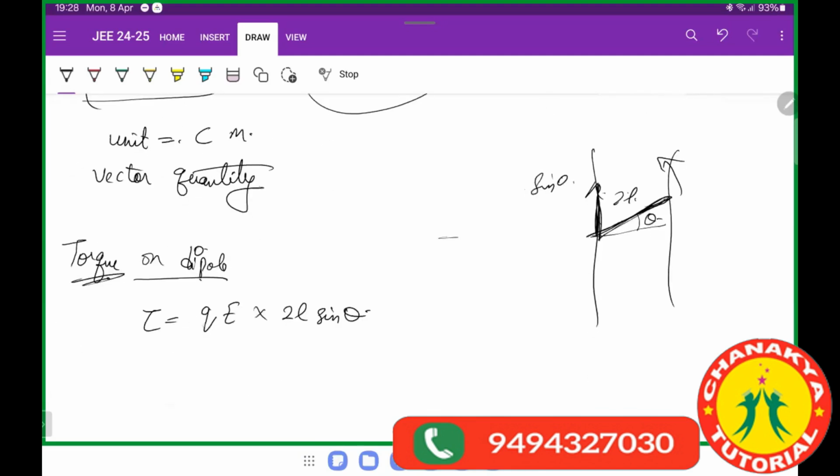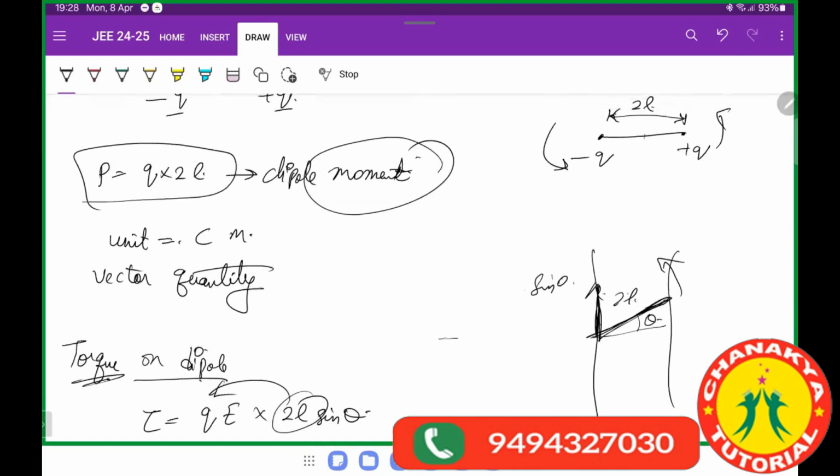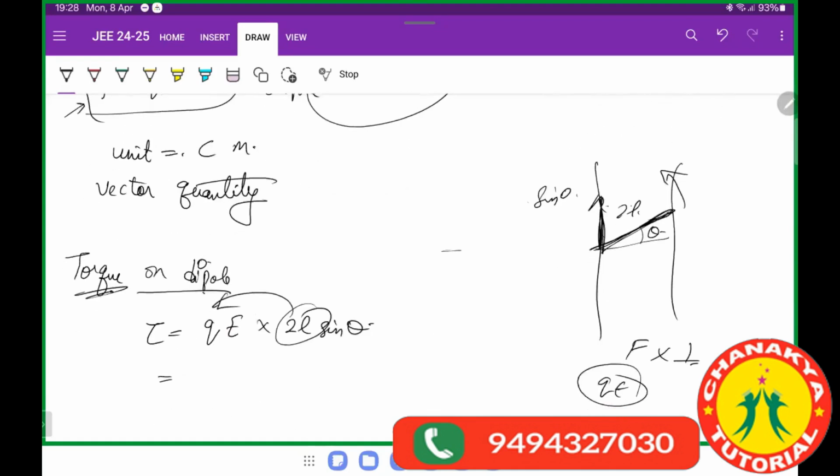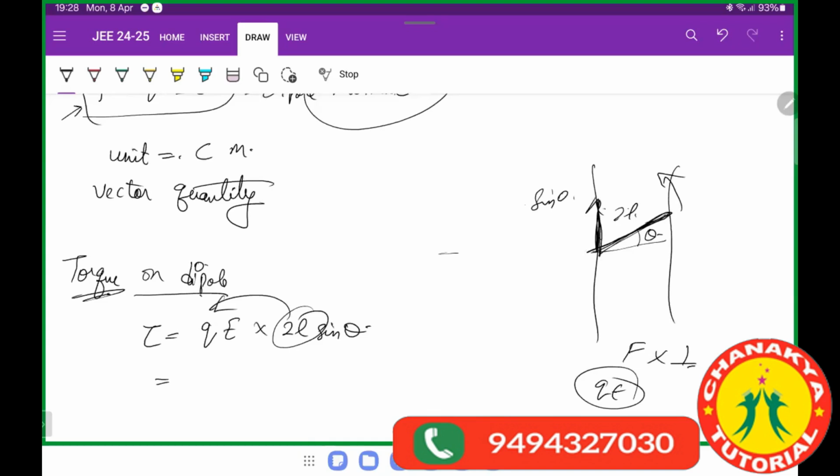Torque is force into perpendicular distance. So force is here, QE. Remember this formula, F equals QE? So QE into 2L into Q will give you what? What is 2L into Q?